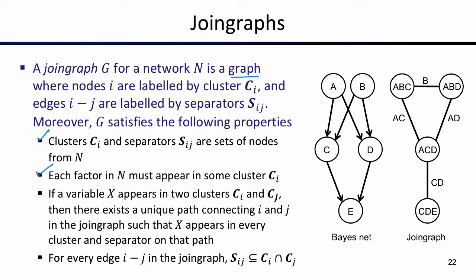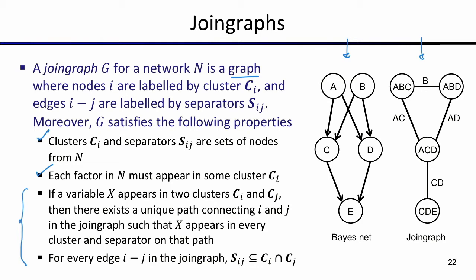And now the differences. There are two. First, if a variable x appears in two clusters Ci and Cj, then there exists a unique path connecting i and j in the join graph such that x appears in every cluster and separator on the path. We have an example of a Bayesian network here and the join graph.